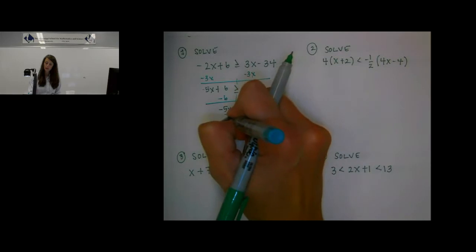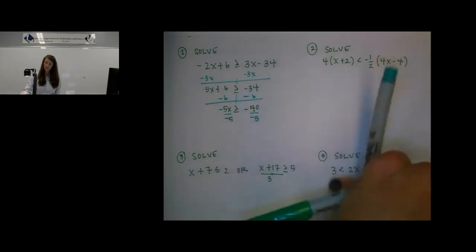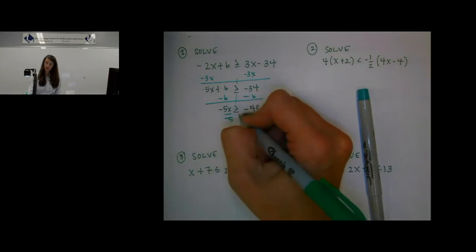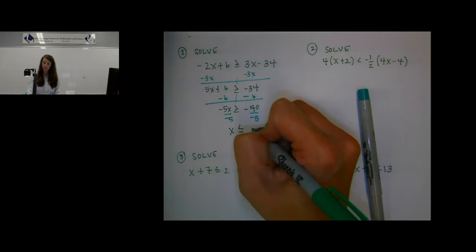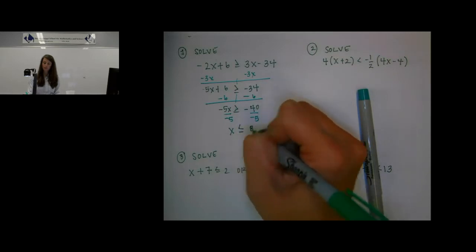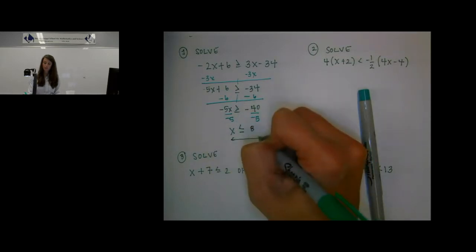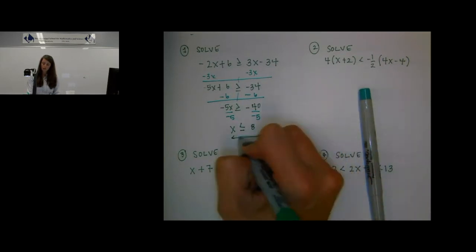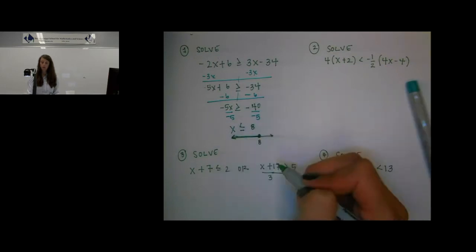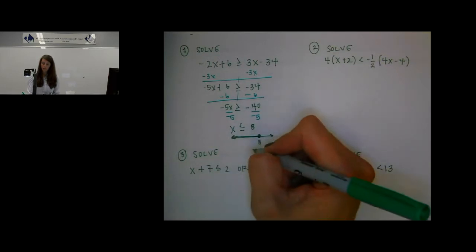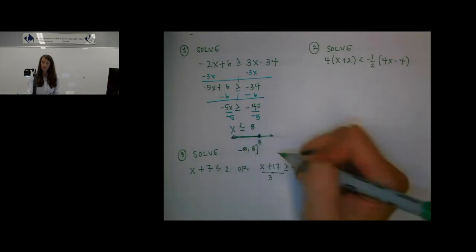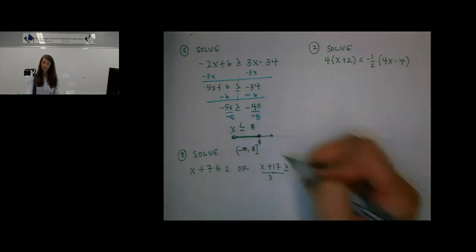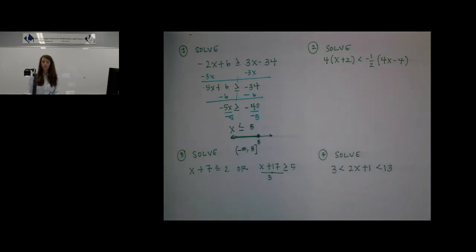Divide both sides by negative 5. When I divided by negative 5, it's going to flip the inequality sign around. And negative 40 divided by negative 5 is a positive 8. So x is going to be less than or equal to 8. So at 8 we'll have a closed circle, and it's everything to the left, less than or equal to. So this will be from negative infinity up to 8. 8 will have a bracket around it, and infinity will have a parentheses.